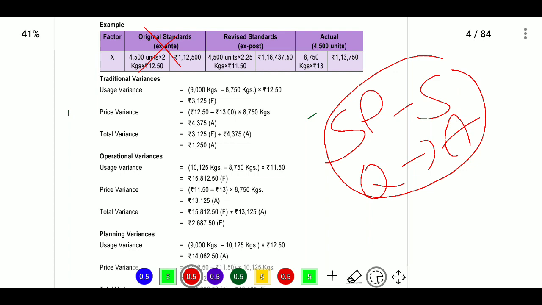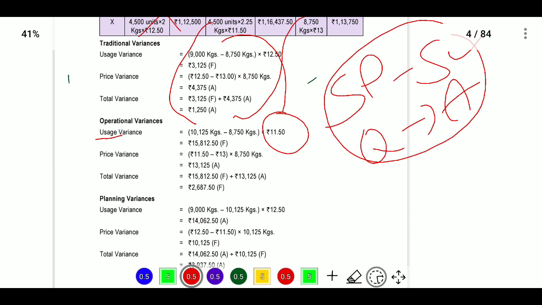So 4500 into 2.25 is 10,125 kgs, against 8750 kgs. Usage means quantity difference into price. Which price will we take? Standard price, that is 11.5. So we will get a favorable variance.